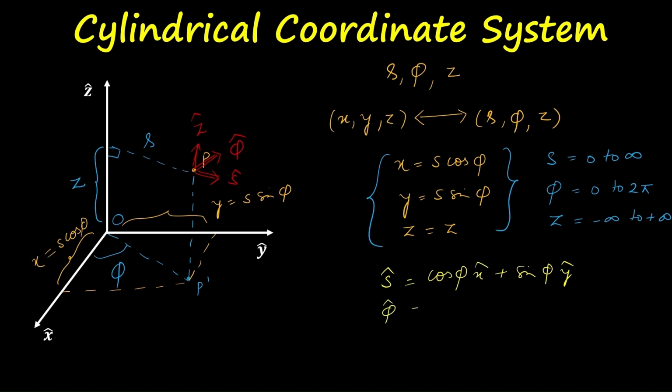Then phi cap is equal to minus sin phi x cap plus cos phi y cap, and z cap will be the same. So this is the relation of the unit vectors of the cylindrical coordinate system in terms of the unit vectors of the Cartesian coordinate system.